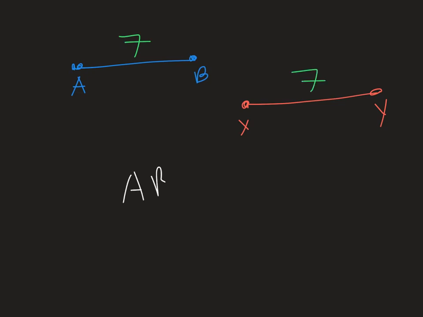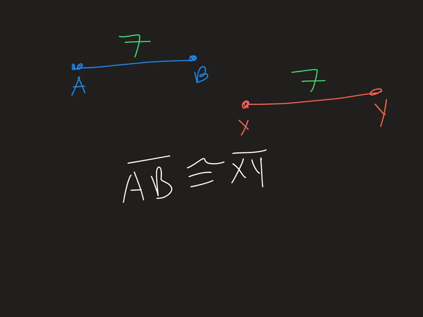If we're talking about congruence, let's just talk about two segments for now to make this a little bit simpler for starters. If I have two segments that are indeed the same length, let's call them AB and XY, and let's say they're both 7 units in length, then I could write this as segment AB is congruent to segment XY.